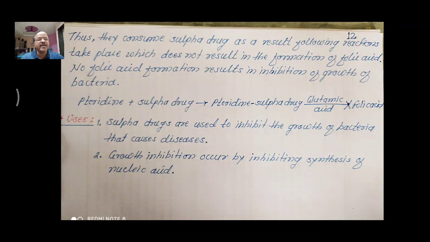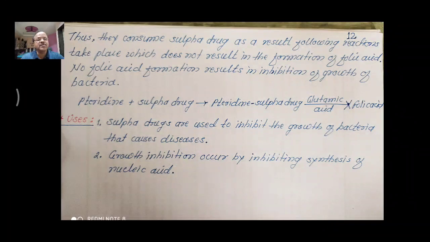The bacteria will not get folic acid, and as there is no formation of folic acid, DNA will not be synthesized in the bacteria, which means the growth of the bacteria will be inhibited, and this is how we can control the growth of bacteria, and hence the disease which is caused by the bacteria.